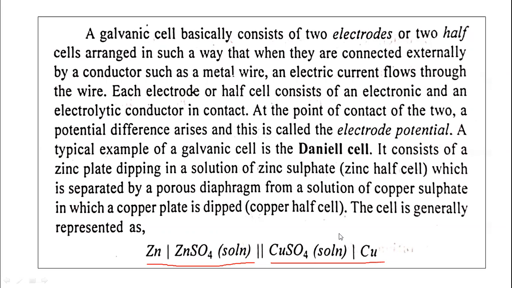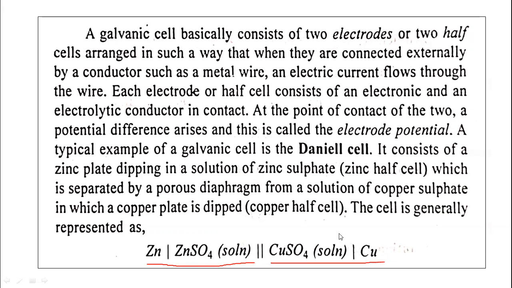There is a flow of current through that wire. The best example is the Daniell cell. It is the combination of two electrodes, zinc electrode and copper electrode, zinc half cell and copper half cell.